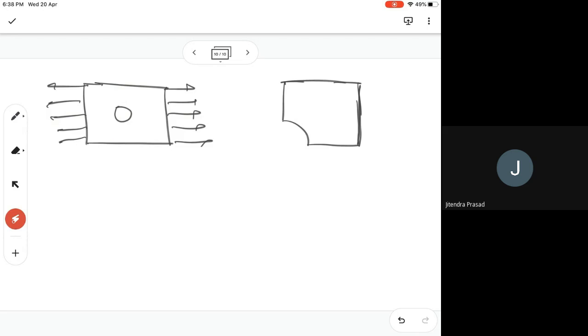Since this is symmetric, you take one quarter, and you know that this is a line of symmetry. So there will not be any displacement here. Displacement in y direction will be 0 along this.